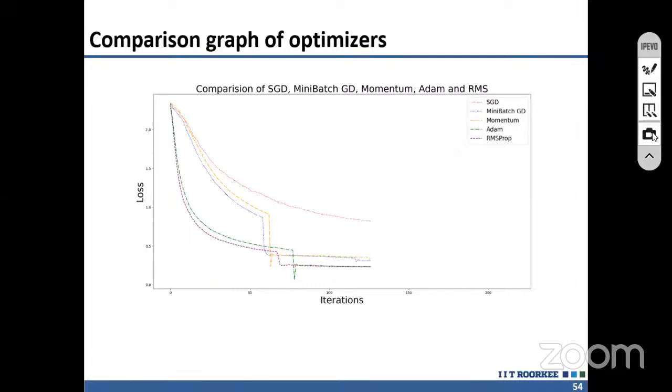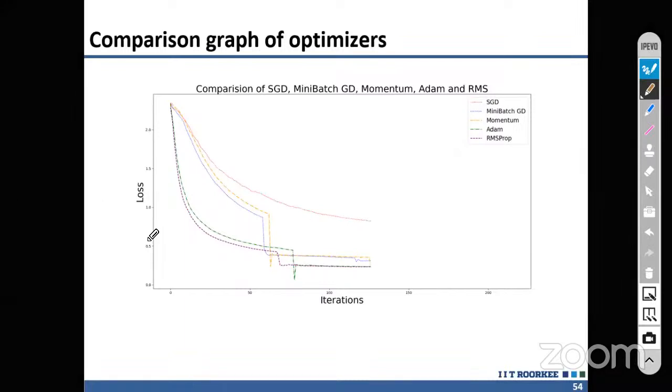You see the minimum error when you reach it. This technique is very slow and will take a lot of time, whereas this one, momentum, is very fast. Adam and RMS prop also reach the minimum loss very fast.